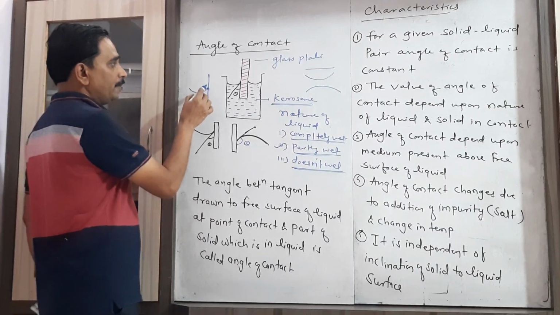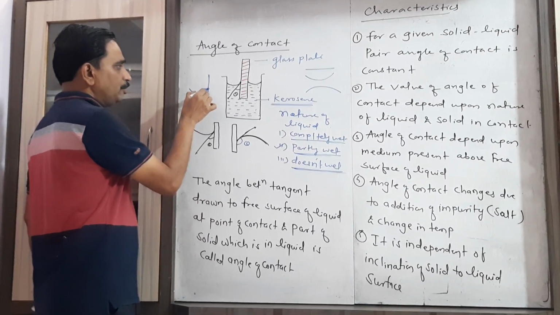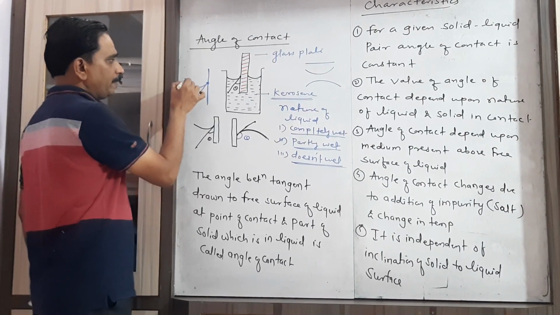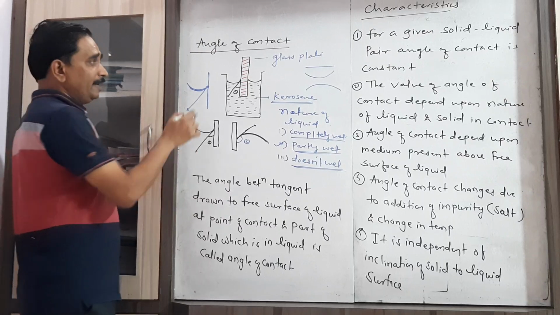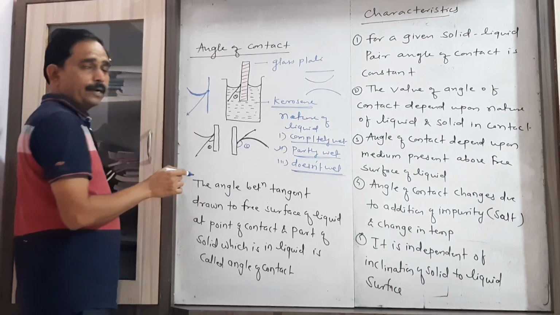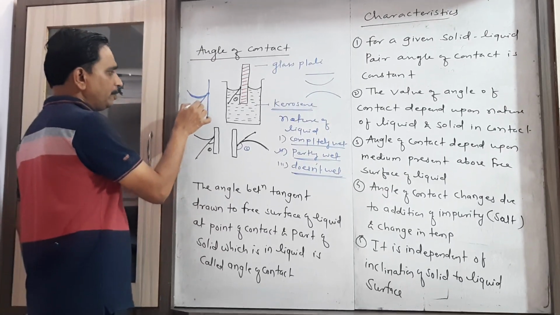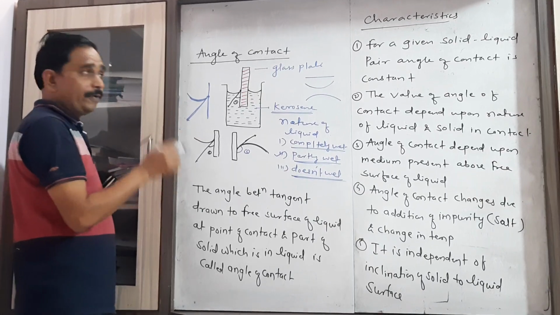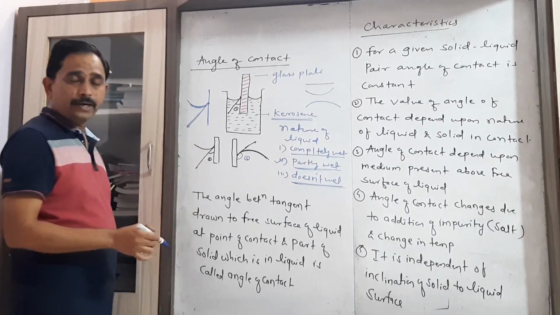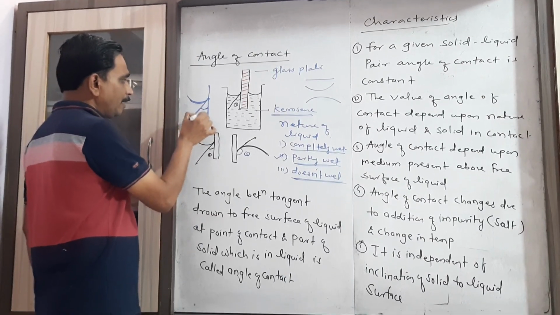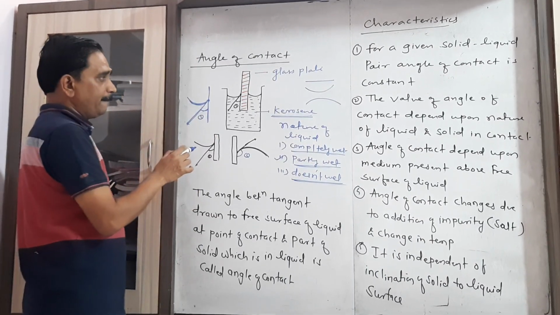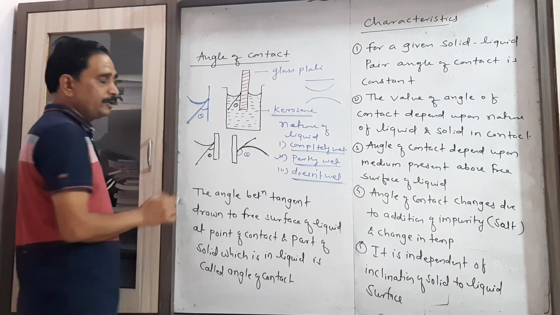Now if we draw a tangent to the free surface of the liquid at the point of contact, this is the angle which is obtained by considering two things.